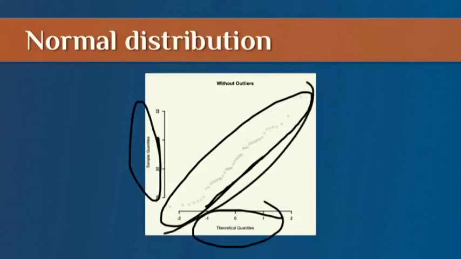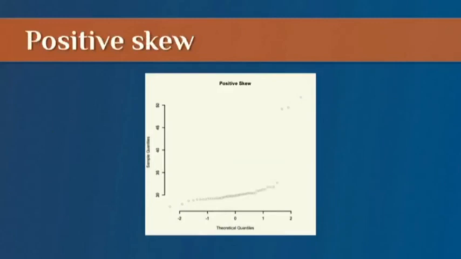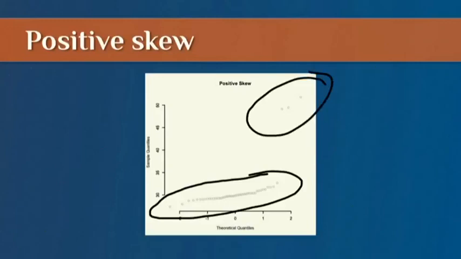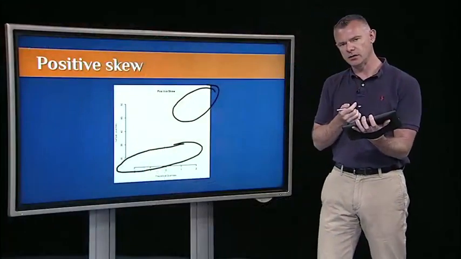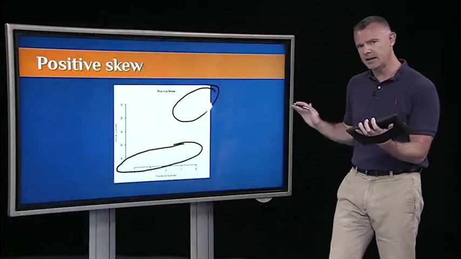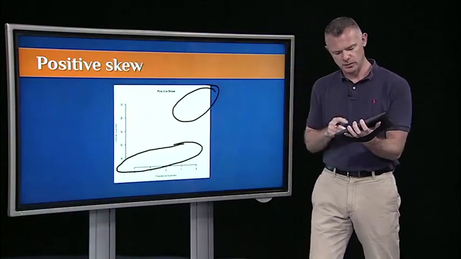And they should form, again, this nice linear function. You can see that that's not the case in that last positively skewed distribution I showed you. Here we have what looks like a nice trend, but then we have just a few cases way up here, so we clearly don't have a straight line in this QQ plot. That indicates that you have a non-normal distribution.